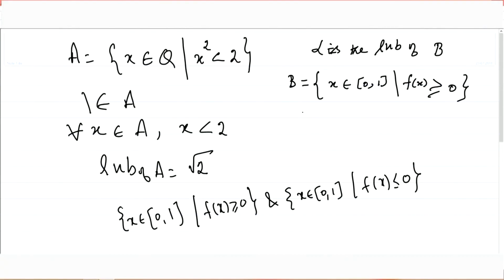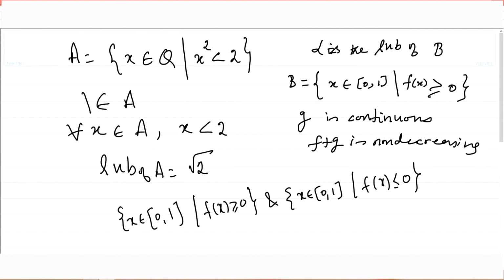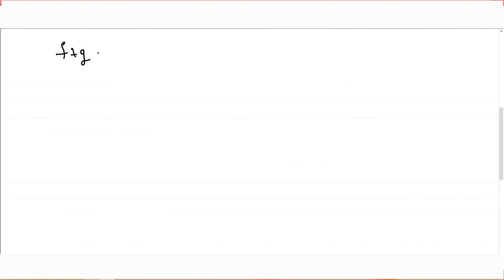We are given a continuous function g, and f plus g is non-decreasing. This is what is given in our problem. So, let us now call f plus g as h.